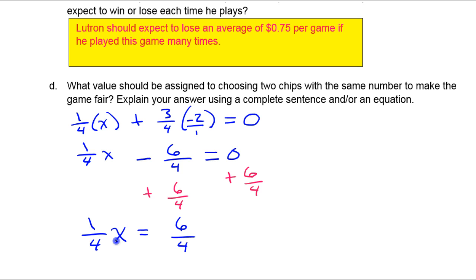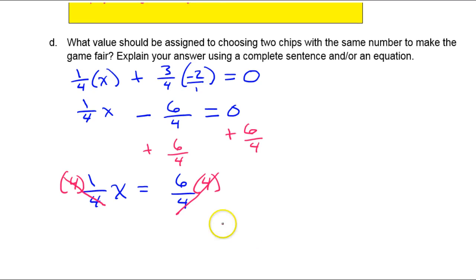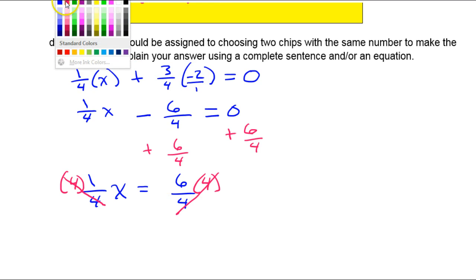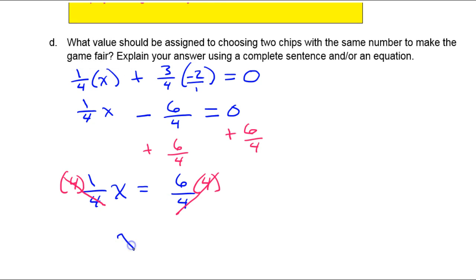Okay, so now to get X by itself, I need to get rid of this 1/4. The easiest thing to do is to multiply both sides by 4. That's why these 4's will cancel each other out, and at that point the 1 doesn't really matter. These 4's will actually cancel each other out as well. So that's just going to leave me with X equals 6.